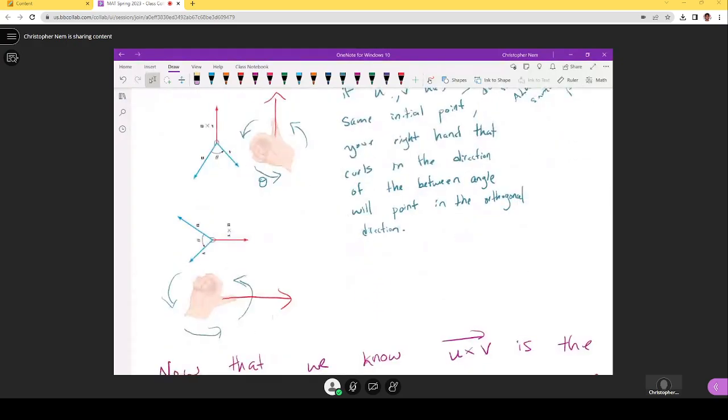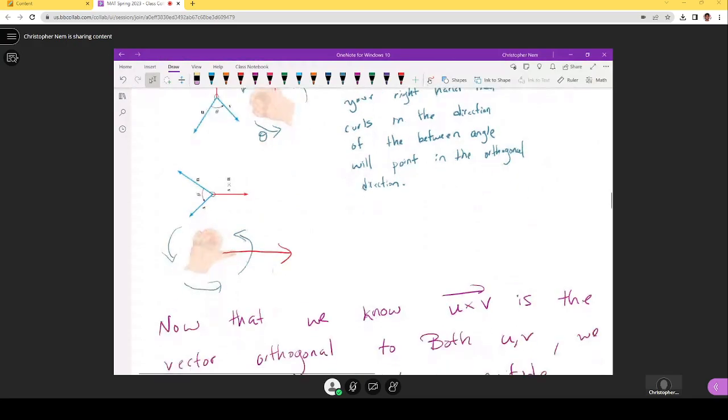Notice that the curl of this image right here is pointing towards the direction of theta. I want it to match. Once I have it matching, this is my right hand still, my thumb will point to where that orthogonality lies, where u cross v will live. And in this case, it's this image right there. So this will help you orient yourself for physical applications.